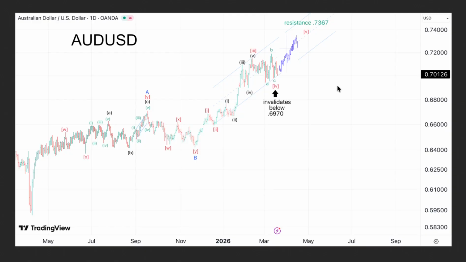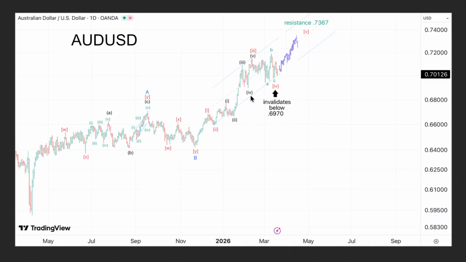So here I just have a basic move up. In this next slide I'm going to show you it can also be a diagonal, but the most important lesson we have to look at in this is this right here.